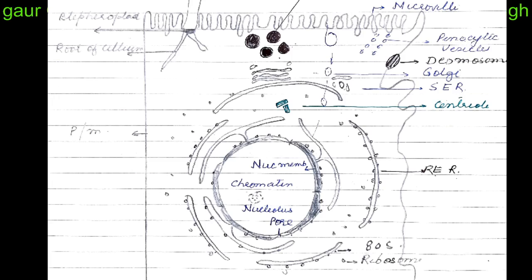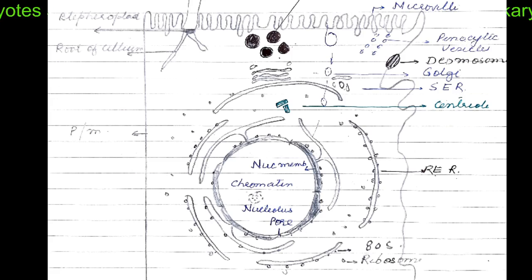In the nucleoplasm, chromatin is nothing but DNA in association with histone proteins, or polyamines in prokaryotes, whatever the case may be. However, prokaryotes do not have a nuclear membrane around them. After the nuclear membrane, we have endoplasmic reticulum, on which you can view some ribosomes.